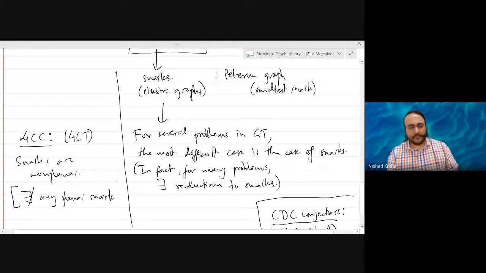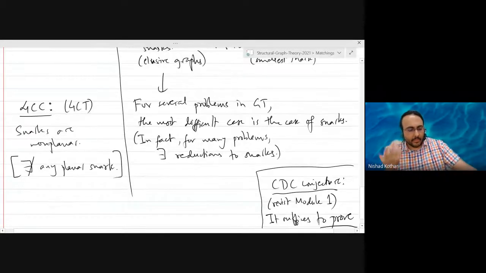If you just prove this, then you will have proved the four color theorem. So there is a bunch of different results and conjectures in graph theory that you can phrase completely in terms of snarks.